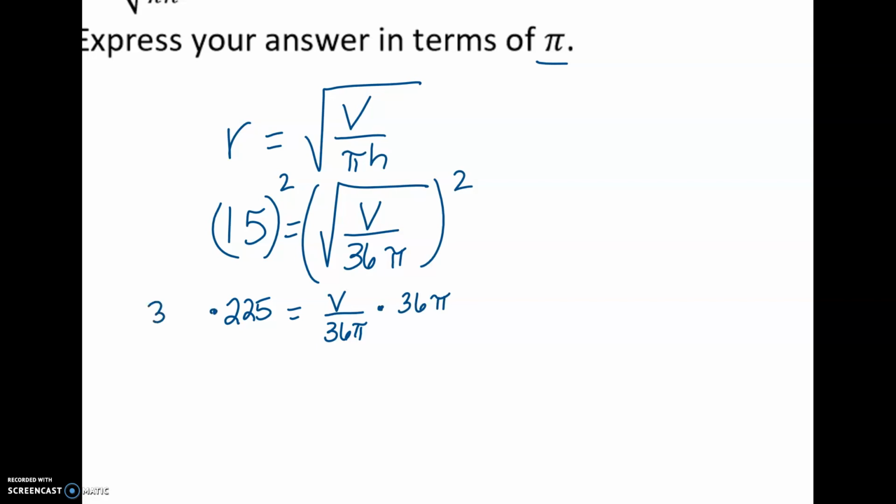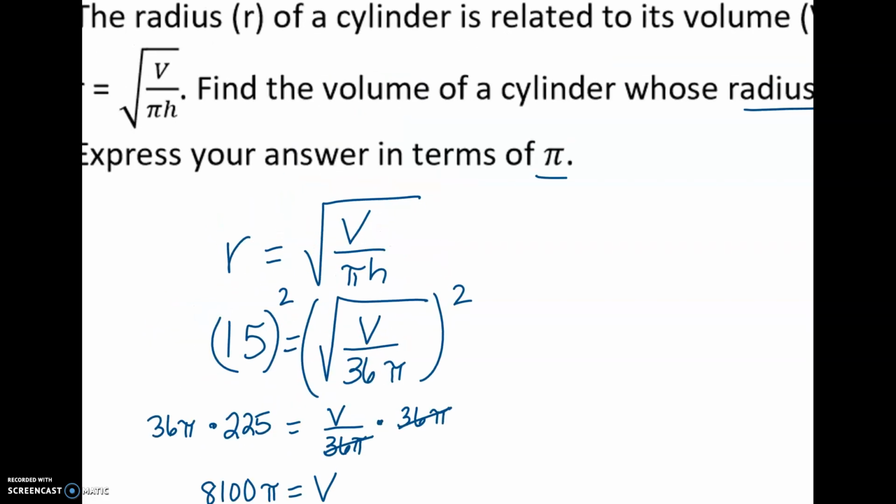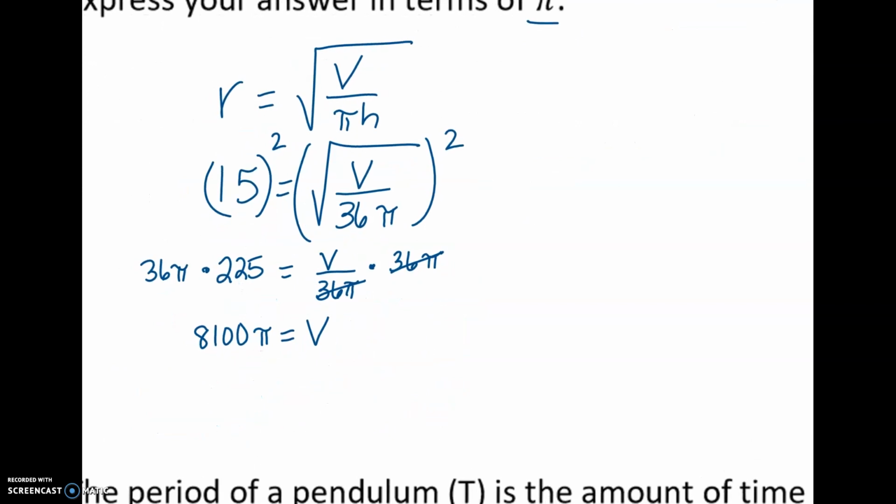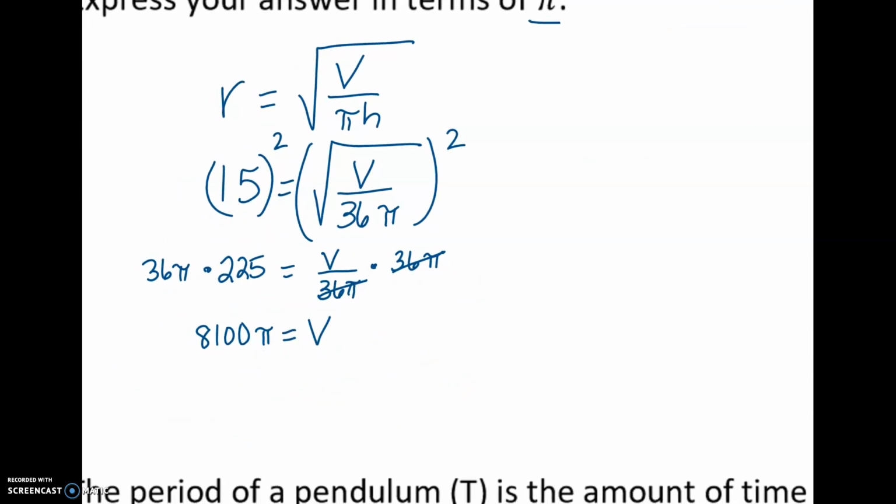We're going to solve in terms of volume. So I'm going to multiply by 36 pi to get volume by itself. And when I do that, I end up with 225 times 36, which is 8100 pi equals volume. And I don't think it did give us centimeters. So 8100 pi centimeters equals volume. And that's all you do for that one.